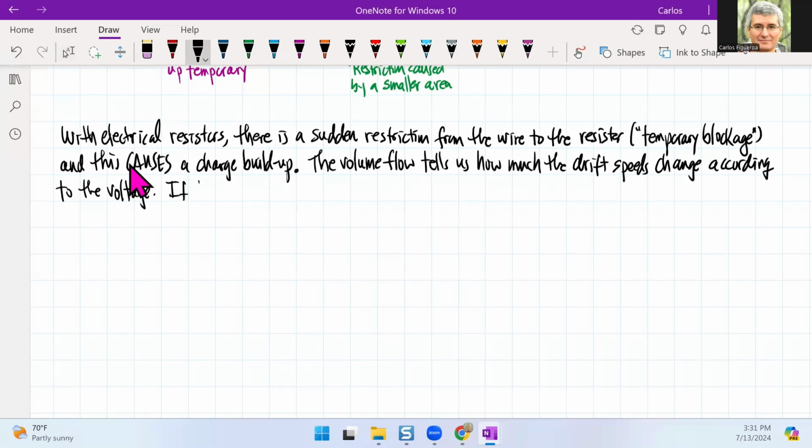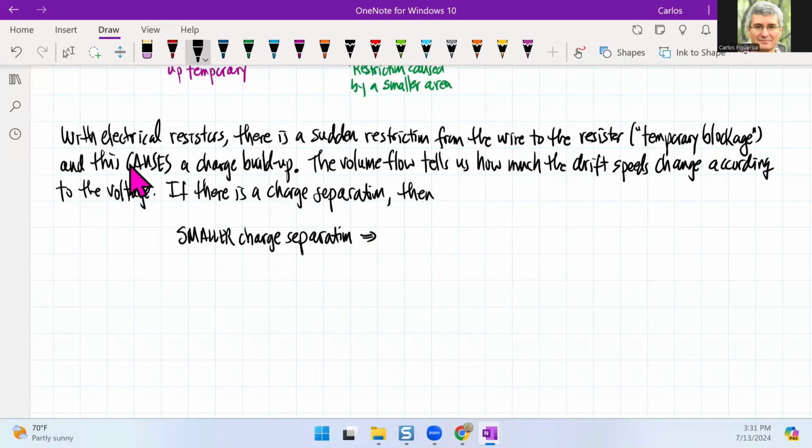If there is a charge separation, then if I have a smaller charge separation, that means I'm going to have a smaller voltage, which then gives me a slower drift speed.